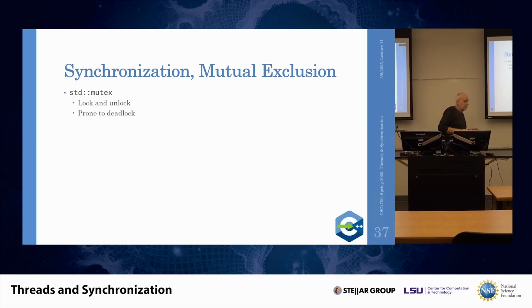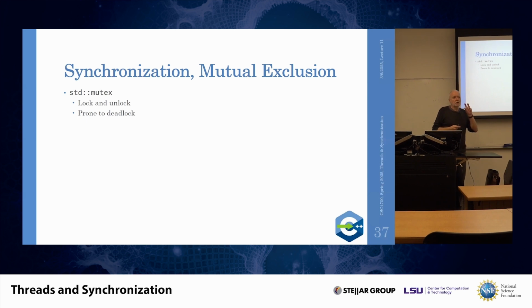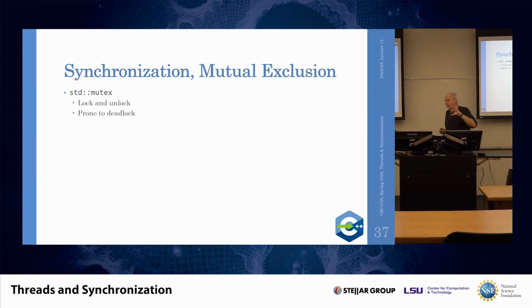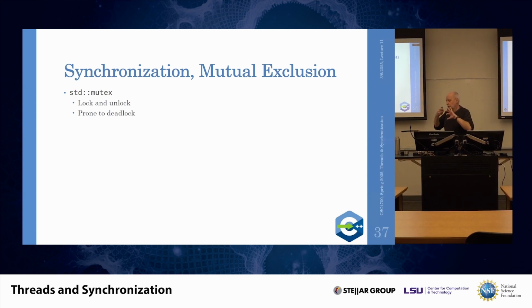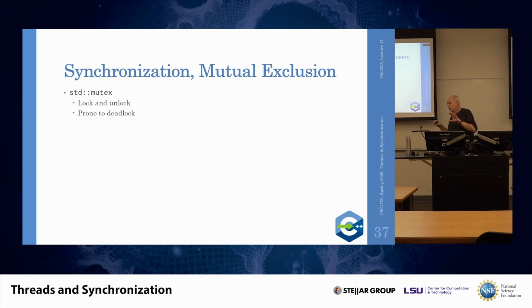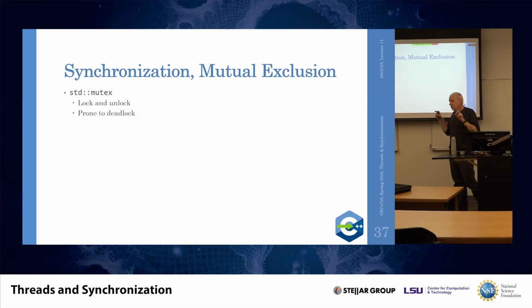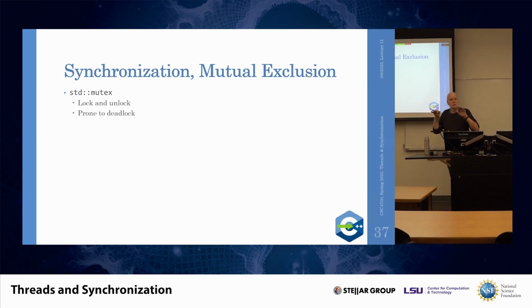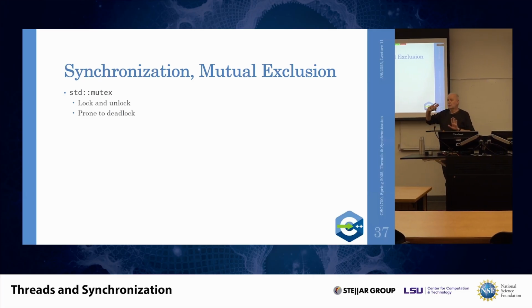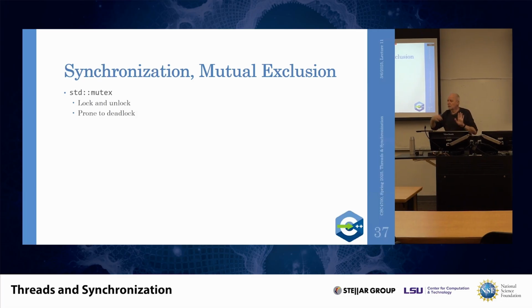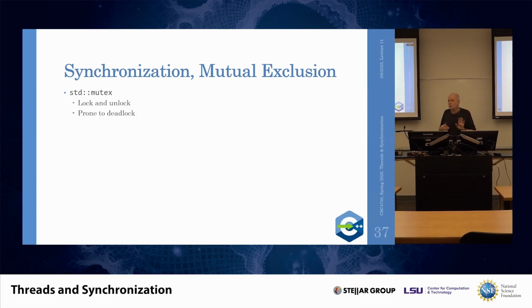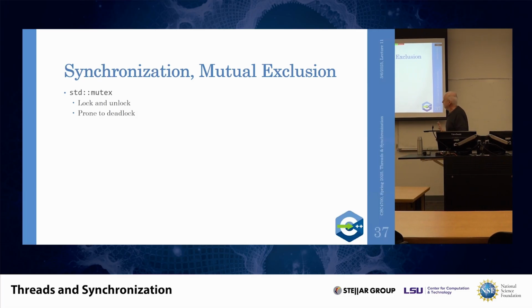The other problem is that if you have more than one mutex that has to be acquired in order to do a certain operation, then you have to make sure that all threads and all code acquire the mutexes in the same order of acquisition. Because if you change the order in which these mutexes are acquired on different threads, you will run into deadlocks as well.